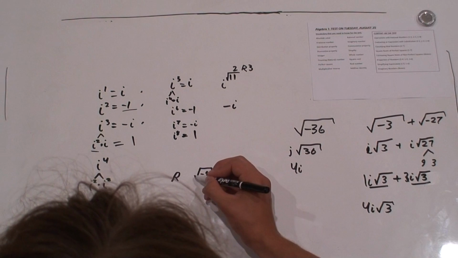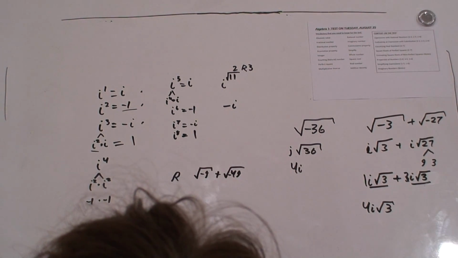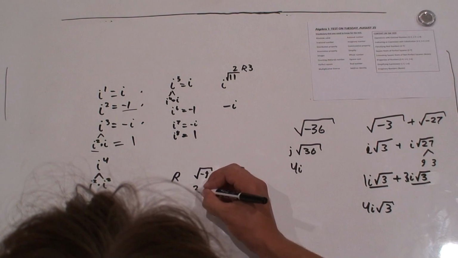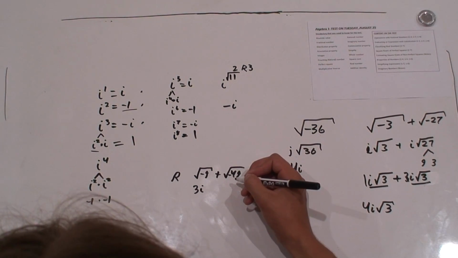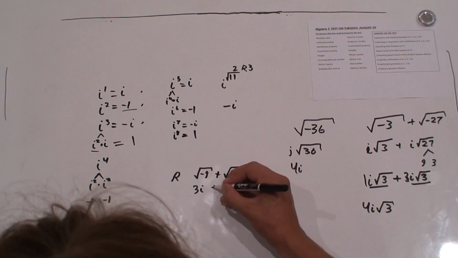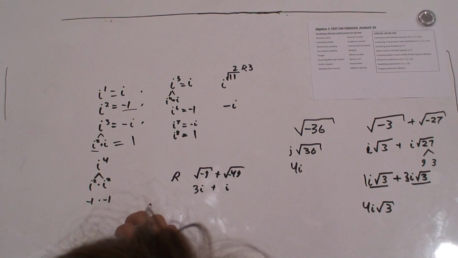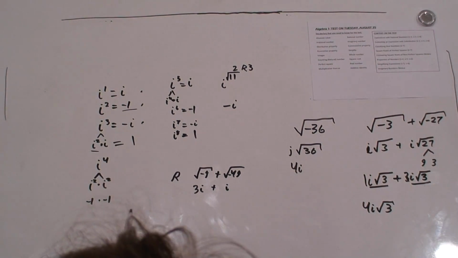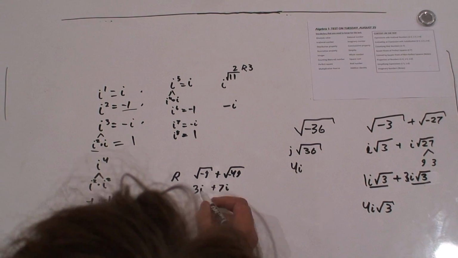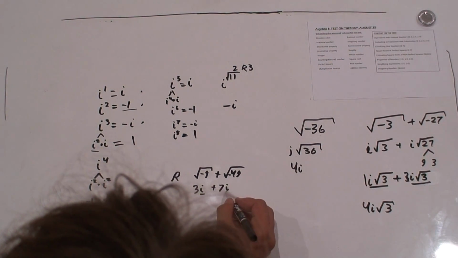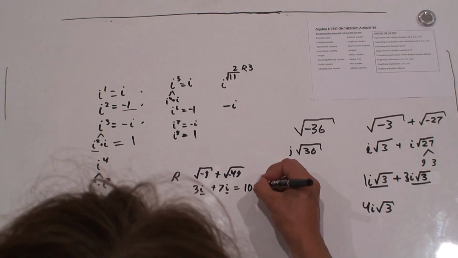Now, we can take the i's out, but since 9 is already a perfect square, it's 3 times 3, you can just take that out and get 3i. Then we add that, we take the i out. We also notice that 49 is a perfect square. It is 7 times 7, so we would get 7i. Using this, we have 3i plus 7i, so we would get 10i.